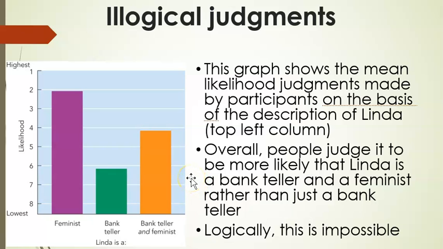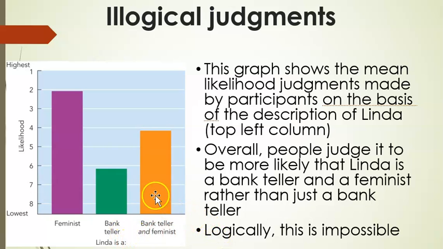Overall, when presented with the options that Linda's a feminist, Linda's a bank teller, or Linda's both, people judged it to be more likely that Linda's both a bank teller and a feminist than just a bank teller. And logically, being able to tell the difference is impossible. You know nothing about Linda. Linda's really made up. How can you judge these things based on just the name and these descriptions?